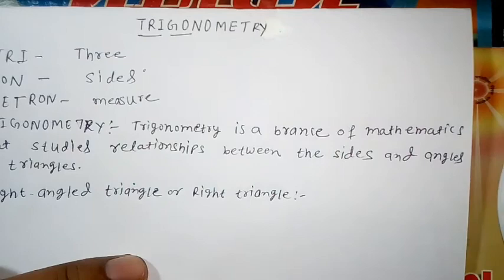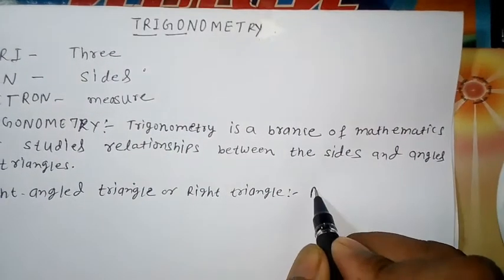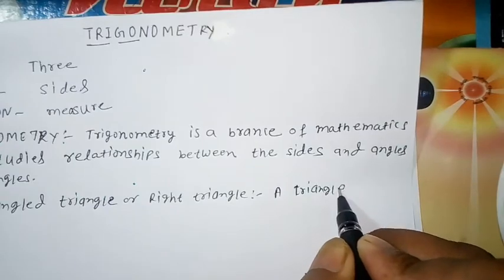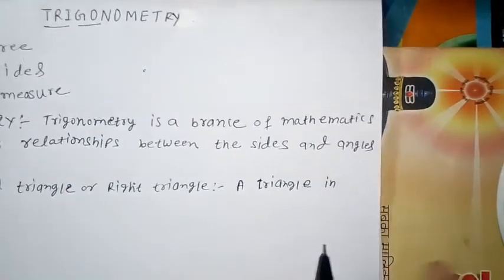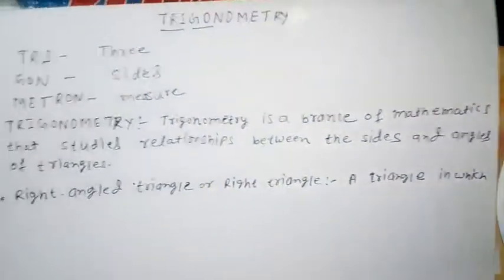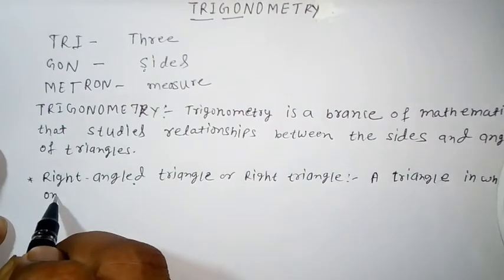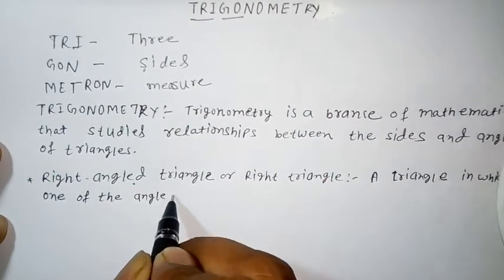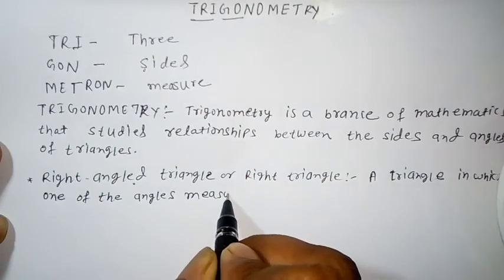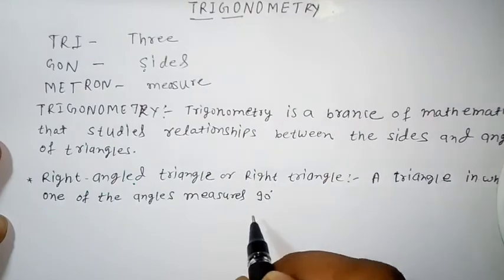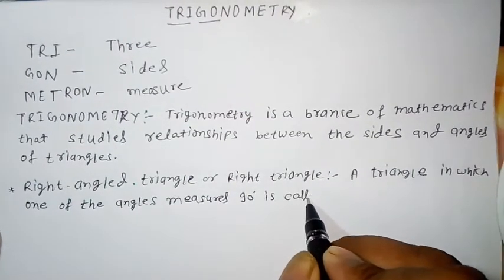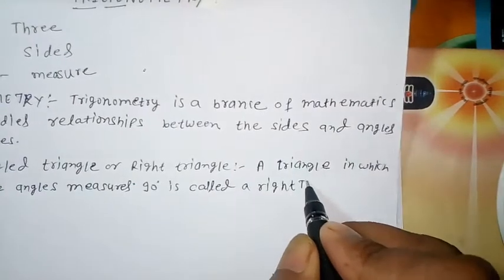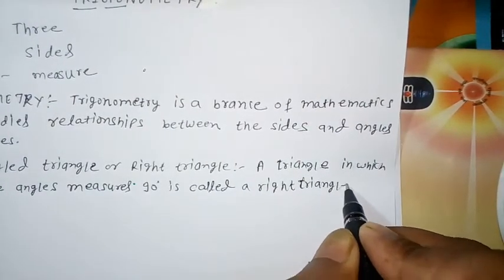A triangle in which one of the angles measures 90 degrees is called a right triangle.